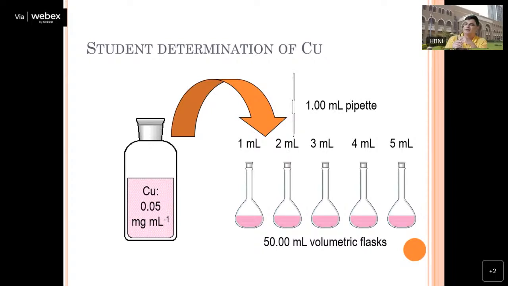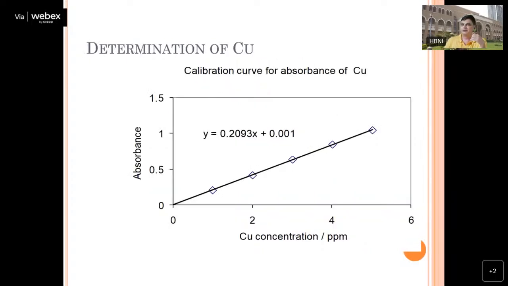From this solution, you make a calibration curve by taking 1 ml of the stock solution, 2 ml, 3 ml, and diluting in a volumetric flask. That's how you can generate a calibration curve from 1 ppm to 5 ppm.